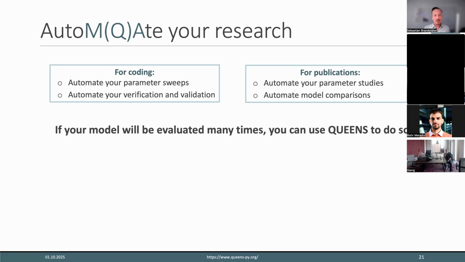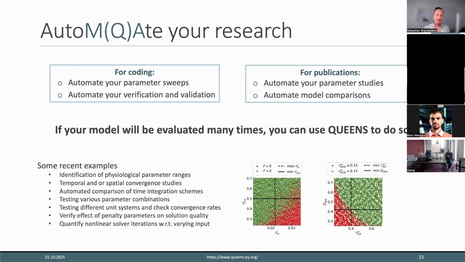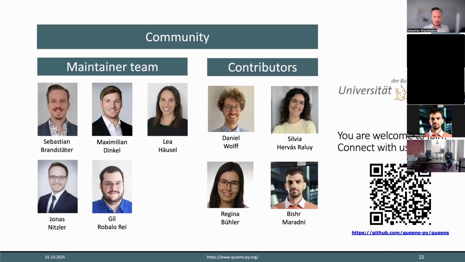So whenever your model is evaluated many times, you can use Queens to do so with all the backbone infrastructure that we have looked into a lot. What you get for free then is all these advanced analysis methods, so you can essentially build upon that and do follow-up studies if you want to. So just some ideas on doing that.